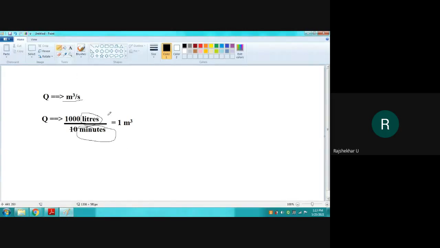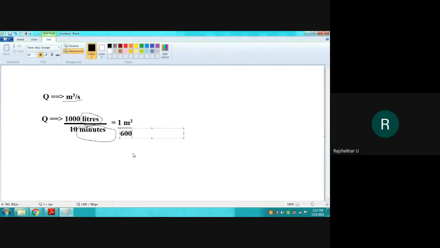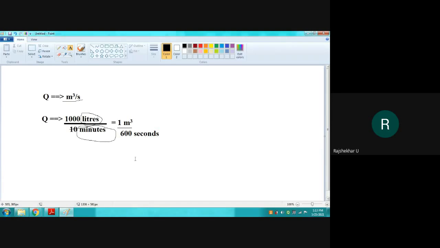Then if you convert this 10 minutes to seconds, it will be 10 into 60, that will be 600 seconds. Now you want to know how much the discharge is in 1 second, because it is per second.